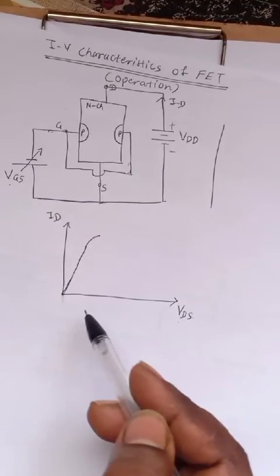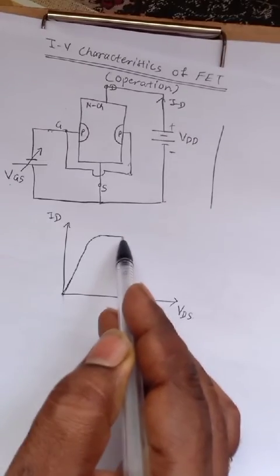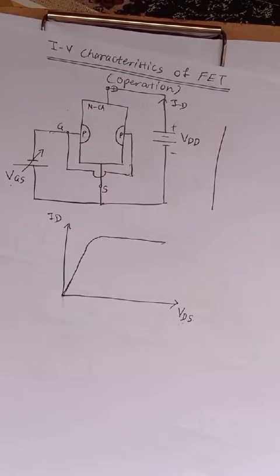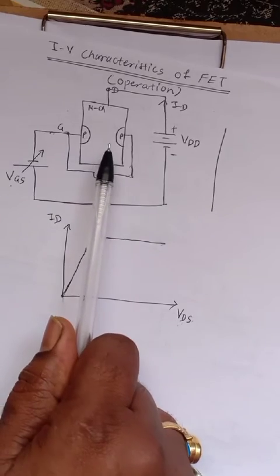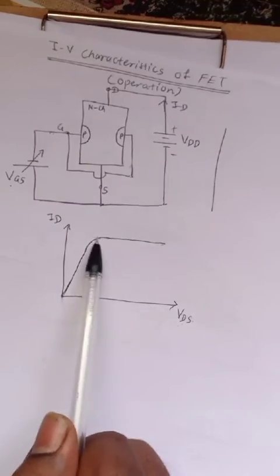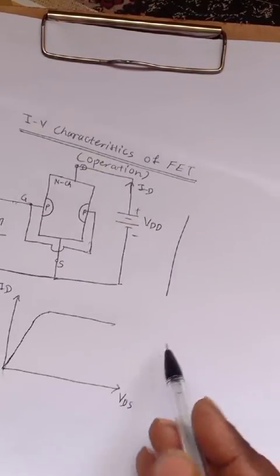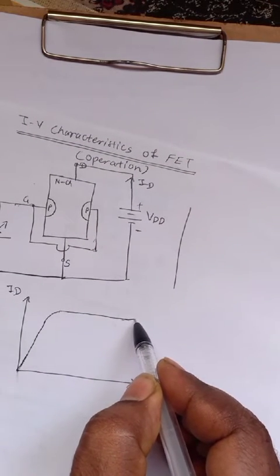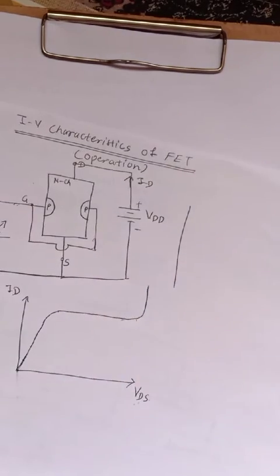After some time, if we increase the voltage again, the current becomes steady. That means this n channel goes into saturation. There is no increase in current, there is a stable current. So this is saturation. And again, if we increase this voltage, the channel goes into breakdown and current increases very sharply.